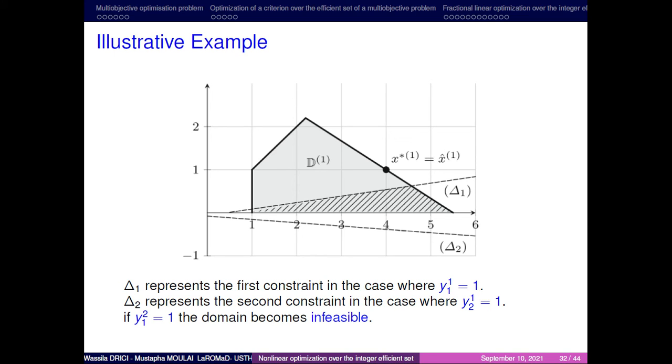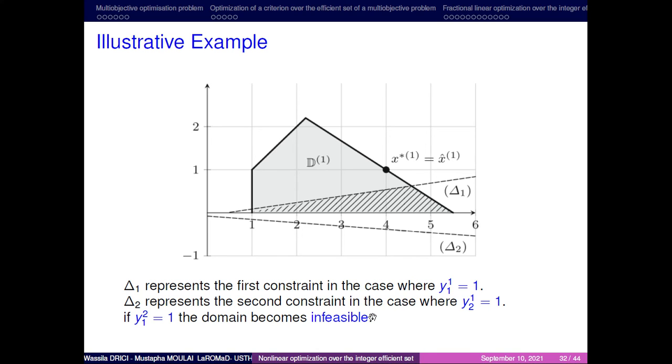Here delta 1 represents the first constraint in the case where y11 is equal to 1. That means that the first objective must be improved, and delta 2 represents the second constraint in the case where y21 equal to 1.